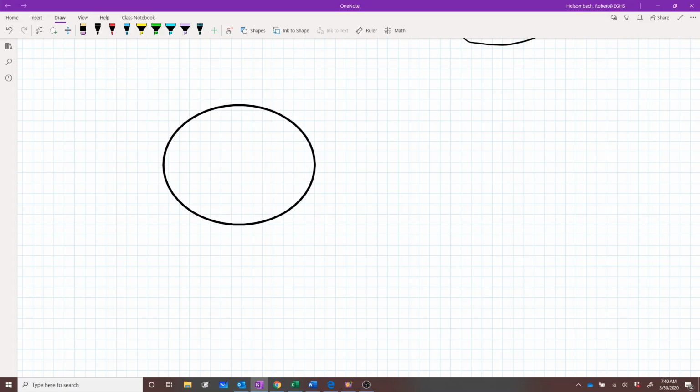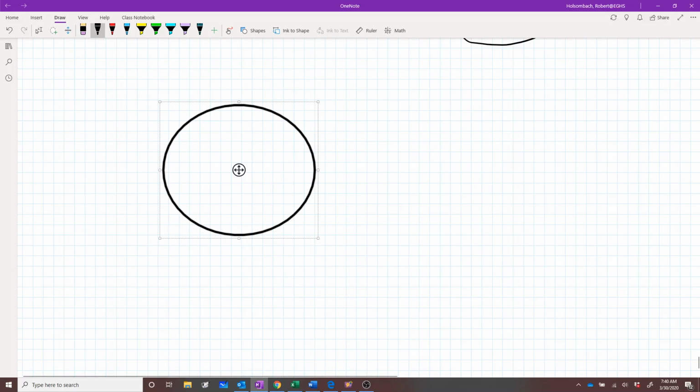Alright, now we're going to be finding an arc measure using the same rule. So we've got a circle, and we're going to have a couple of chords intersect inside this circle.